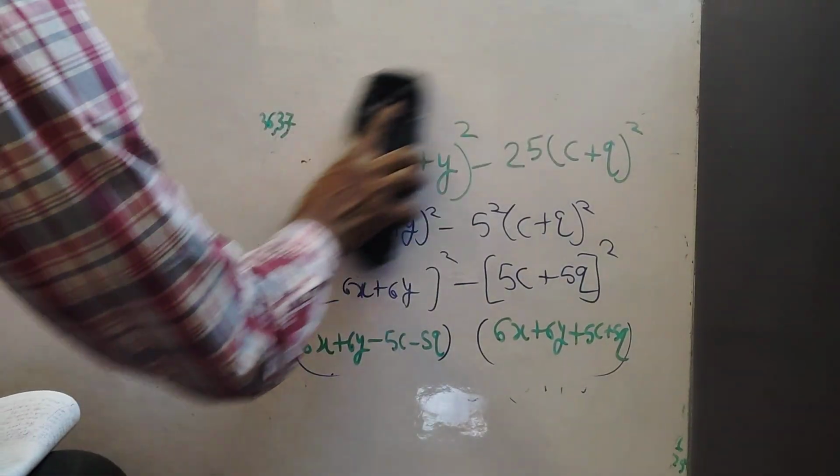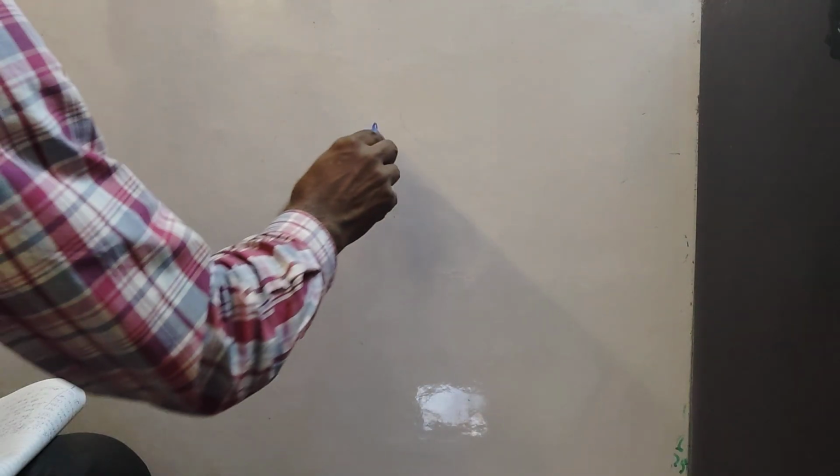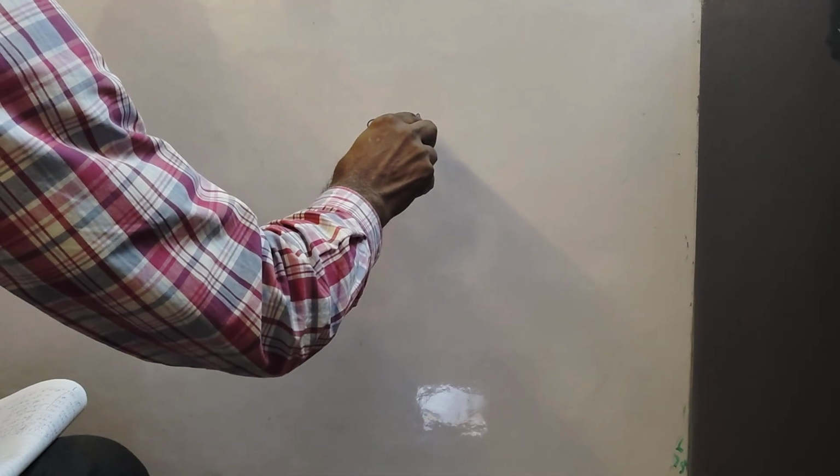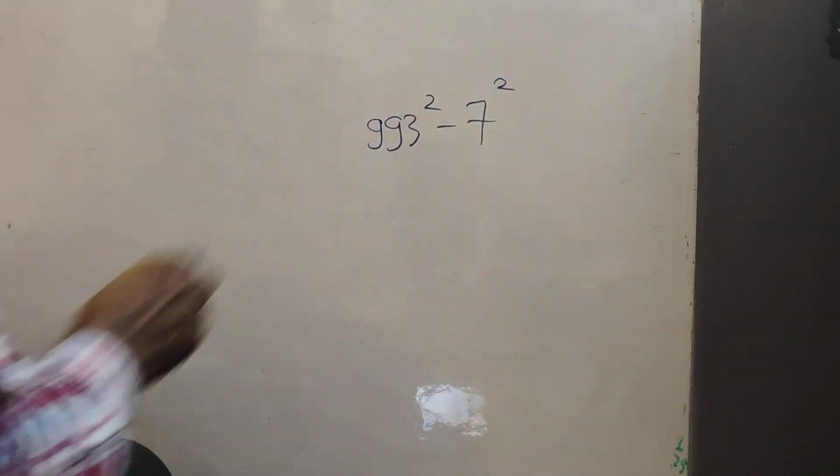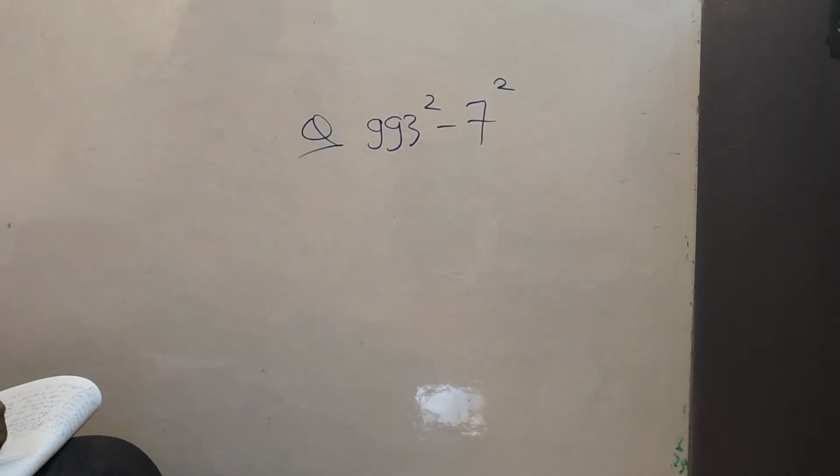Now the second last question, 36th of the doubt. So the 36th question is 993 squared minus 7 squared. Now look at the question. It is interesting.